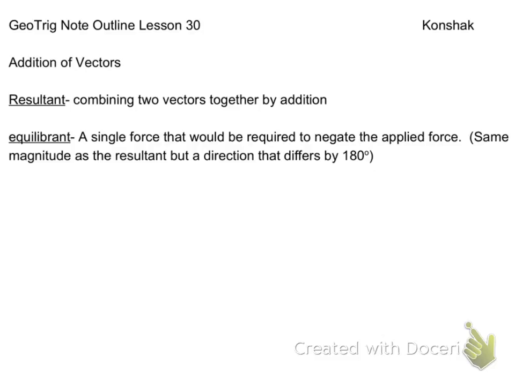The equilibrant, though, the equilibrant is a single force that would be required to negate the applied force. It's the opposite way. So if I'm pushing something with the force of 2 newtons, that means the equilibrant would be someone pushing me back 2 newtons, right?